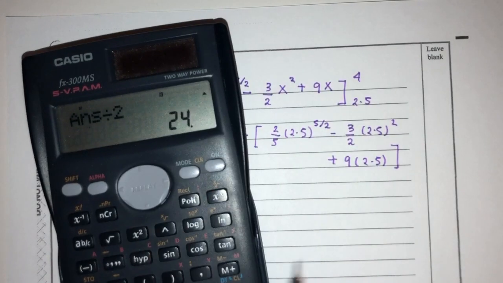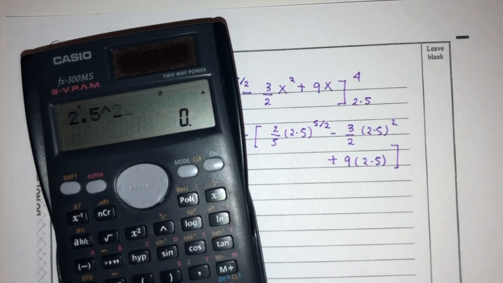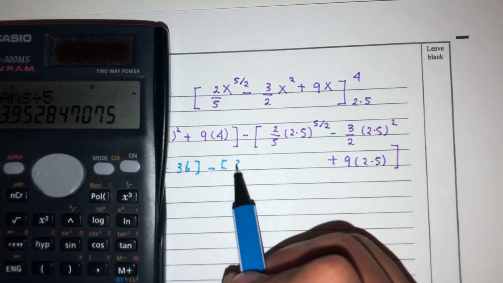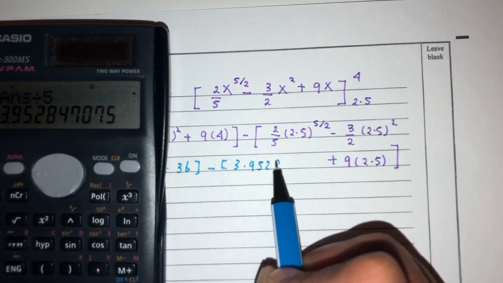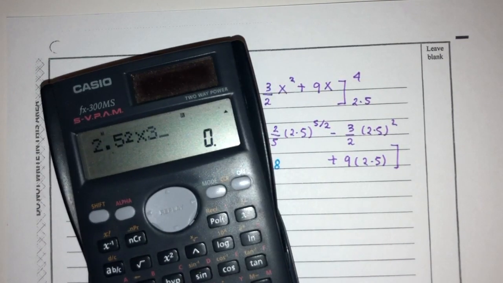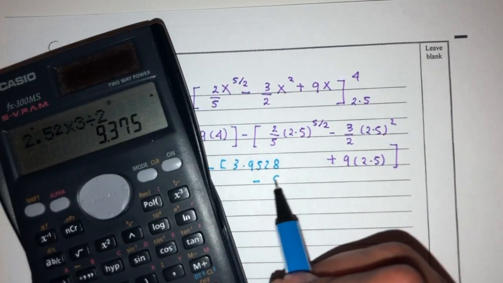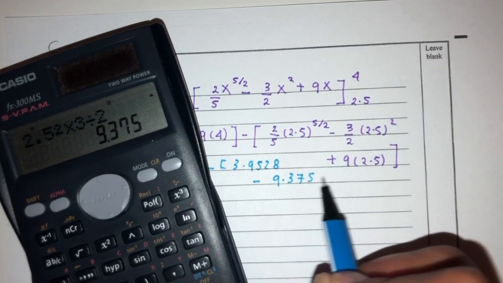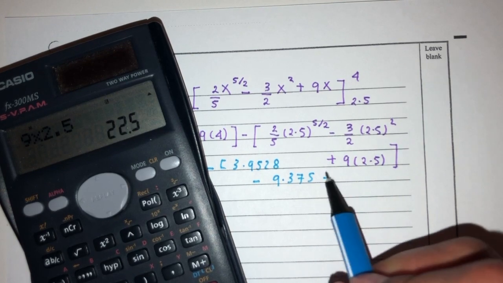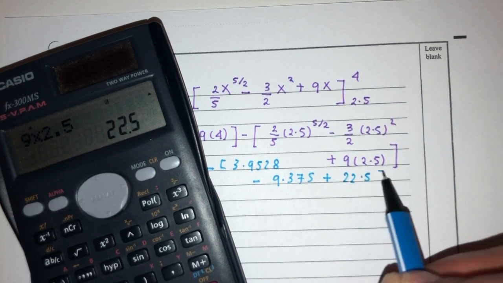Minus, here we have 2.5 power 2.5 times 2 divided by 5, that will be 3.9528. And then minus 2.5 squared times 3 divided by 2, that will be this value. And then finally plus 9 times 2.5, that will be 22.5.